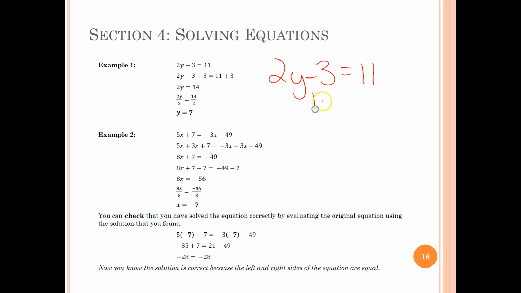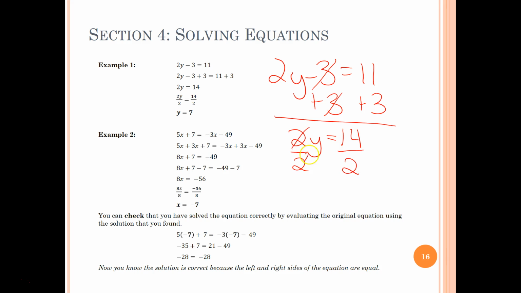Let's get our constant term over to the right-hand side, leaving us with 2y equals 14. Now let's use the multiplication principle last. Since 2 is multiplied to the y, let's divide both sides by 2 to get that y completely by itself. So, pretty straightforward.